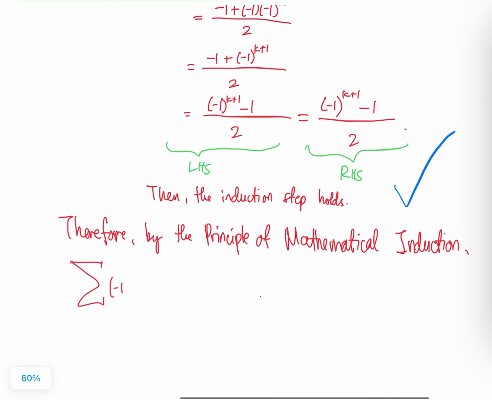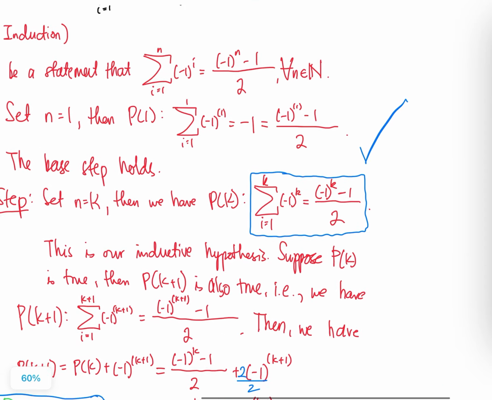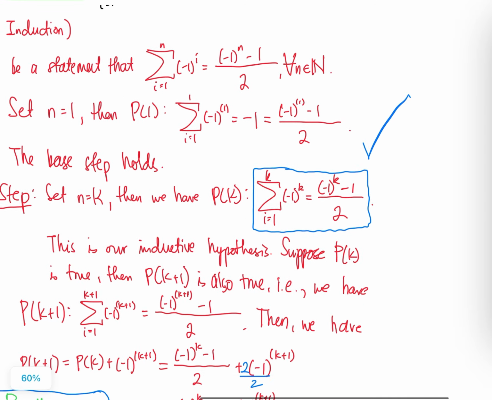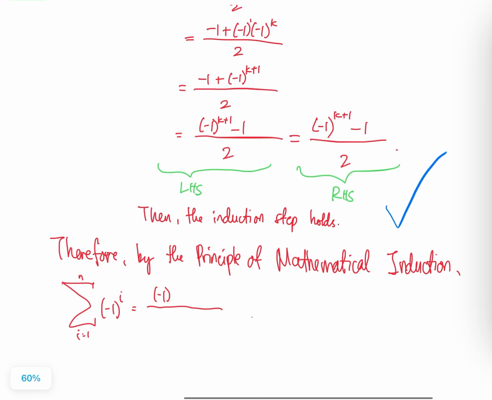So negative 1 raised to i, running from 1 to n, is equal to negative 1 raised to n minus 1, sorry, minus 1 over 2 is true. That is for all n in N. That's the end of proof.